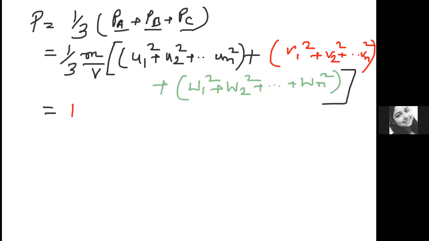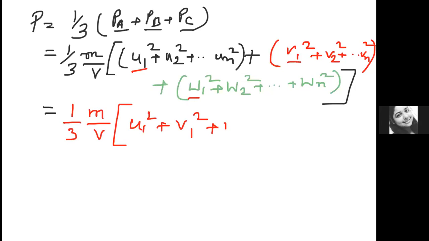So 1/3 M by V. I'm taking this one and this one together. So I get V1 square plus W1 square. Again, I have the next part as U2 square plus V2 square plus W2 square.